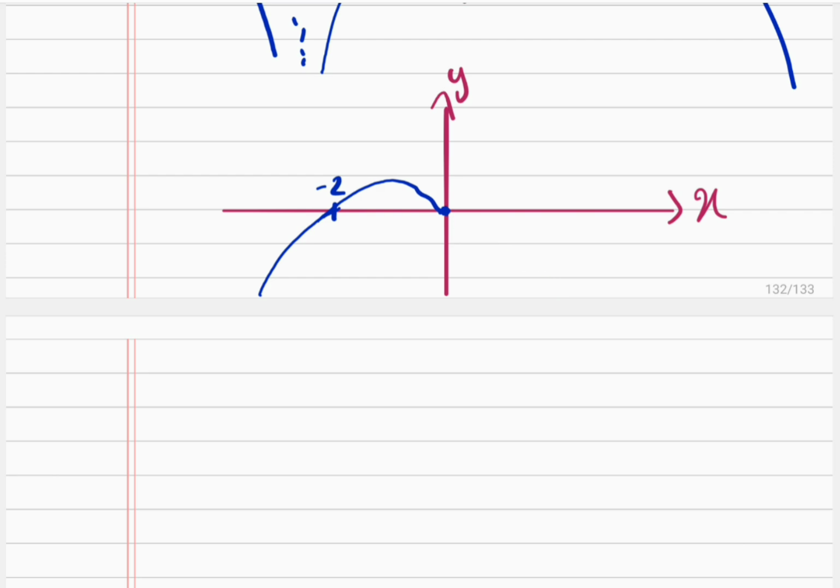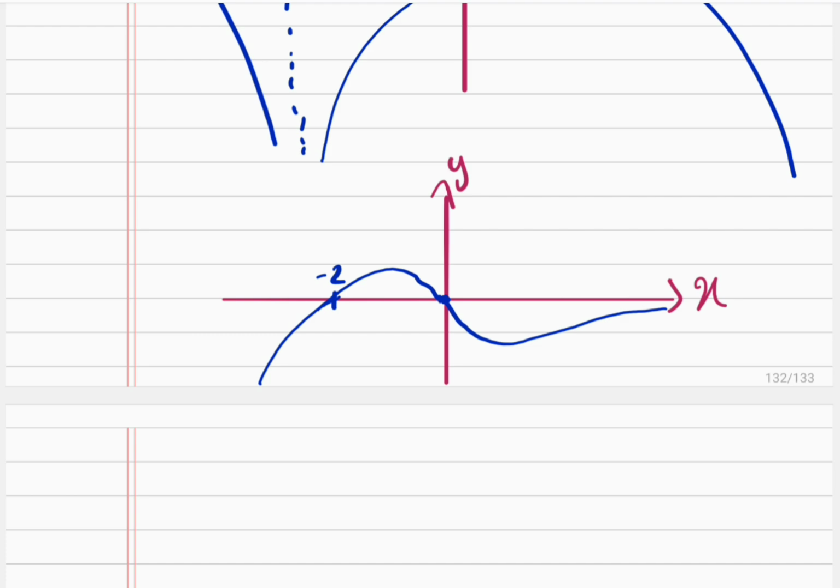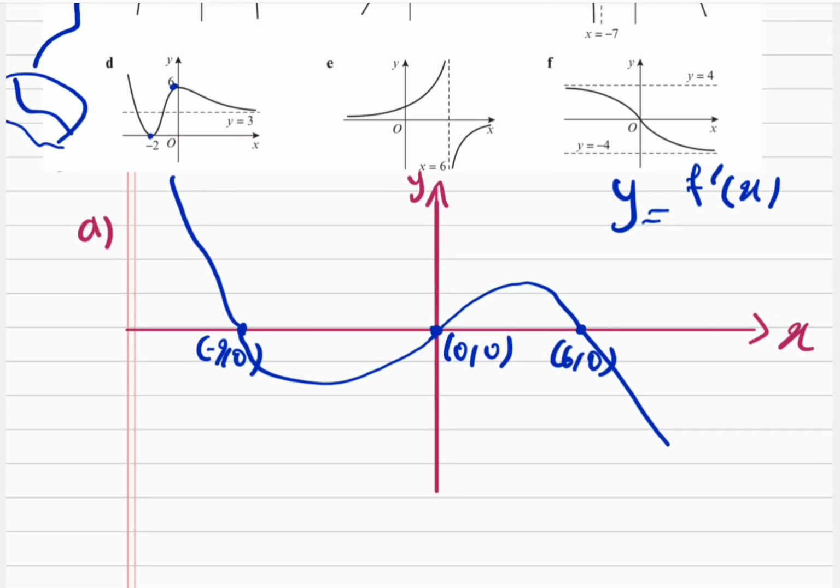and we said that we are going to have an asymptote for the positive x values. So with that said, the curve is going to go down, and then it flattens out and approaches the asymptote. That's just because while the gradient is negative and the curve is below the x-axis, it also has to reach the asymptote.